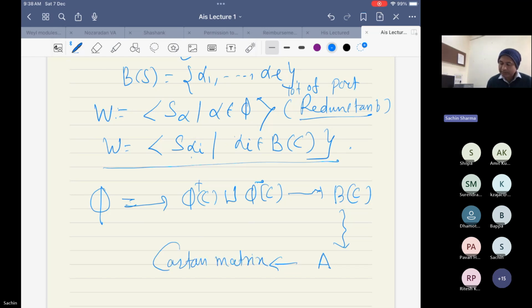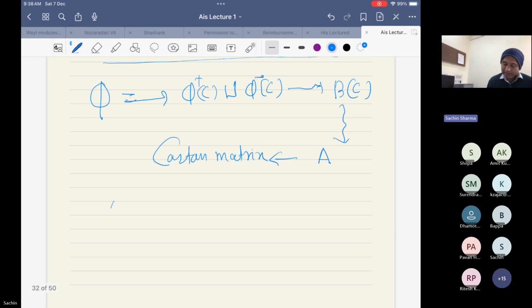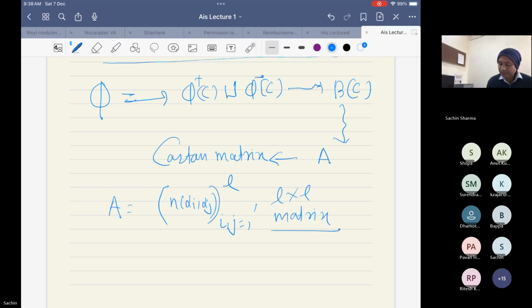What is a Cartan matrix? This is a matrix with integer entries. The ijth entry is n of alpha i, alpha j, where i, j run from 1 to L. This is actually an L cross L matrix.